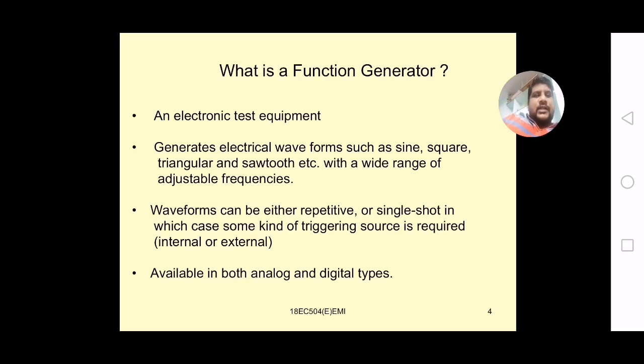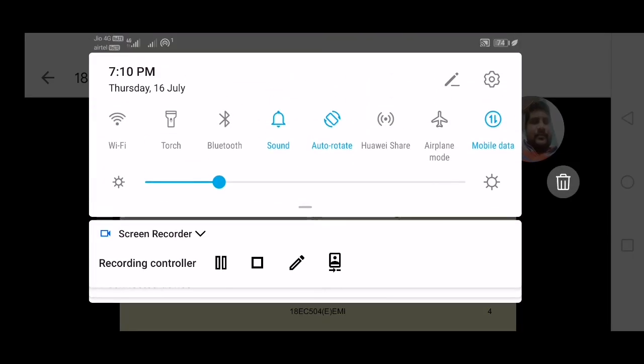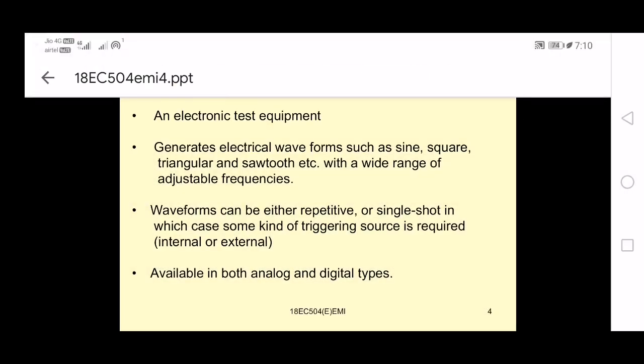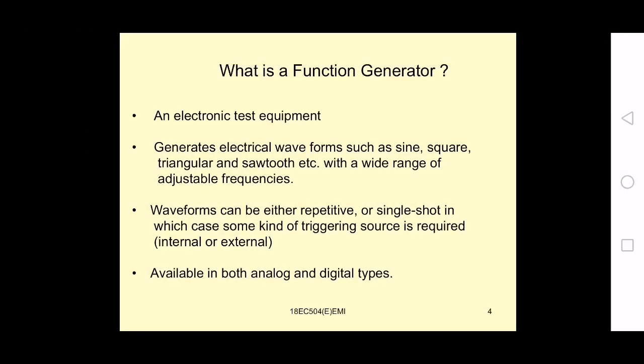So what is a function generator? It is an electronic test equipment used in various laboratories, research and development works, industries, and educational institutes for testing different types of instruments.